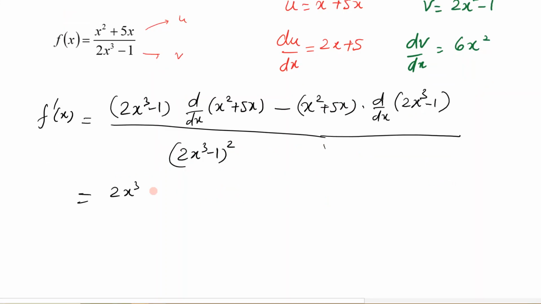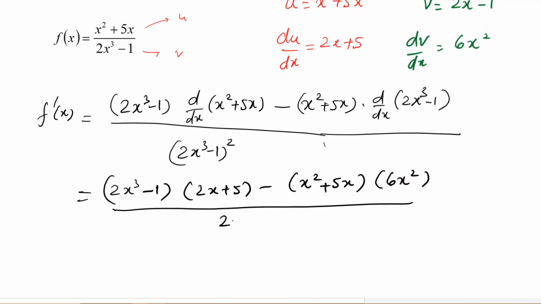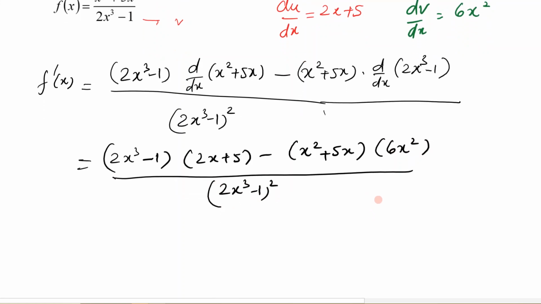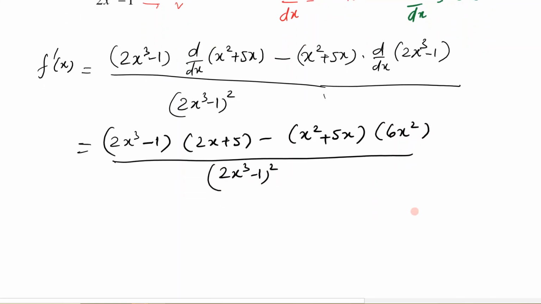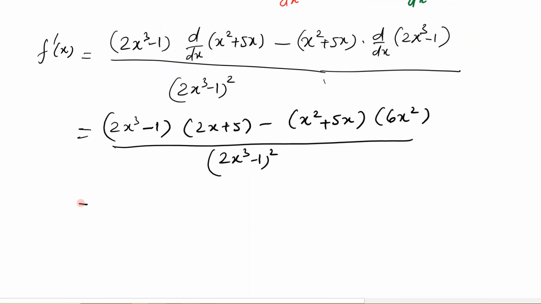Thus we get 2x cubed minus 1 times the derivative of u, which is 2x plus 5. Similarly, x squared plus 5x times 6x squared, over 2x cubed minus 1 whole squared. Then we're going to do some algebra and simplify it further using the foiling method.